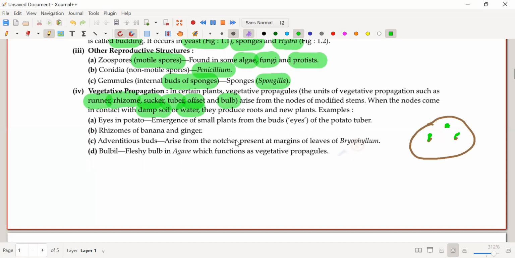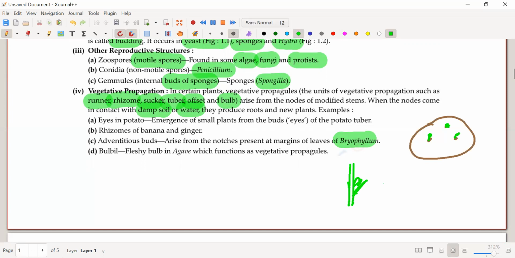Adventitious buds arise from notches present at the margin of the leaves, in Bryophyllum. From the axil, a small bud arises.